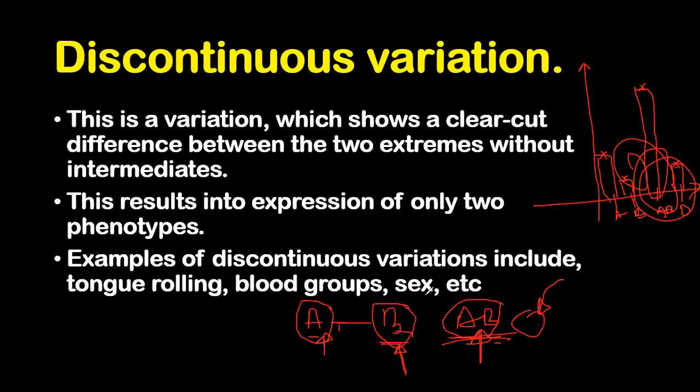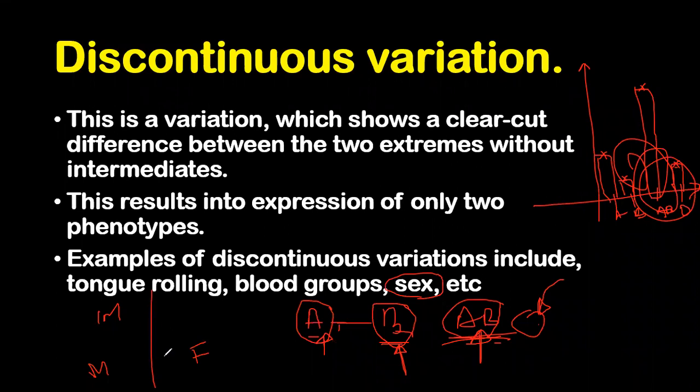Let's talk about sex, males and females. If you have 1 million people, you can isolate males alone and females alone, with no confusion. You won't have people be like, now where should I go? Am I a man?